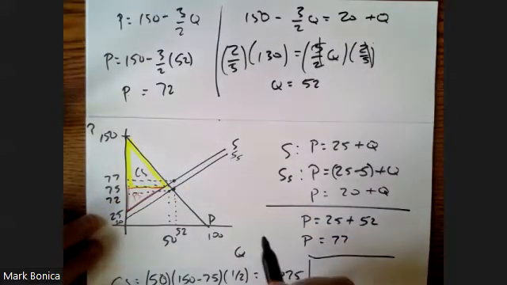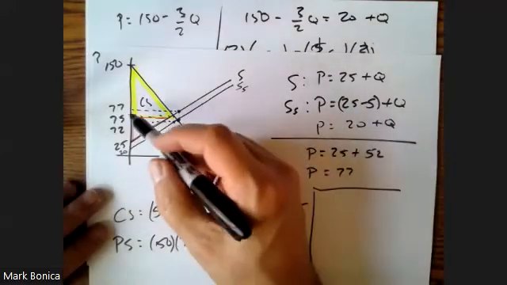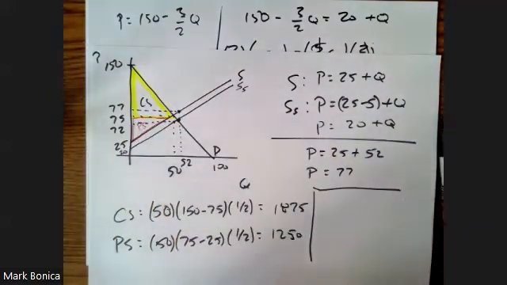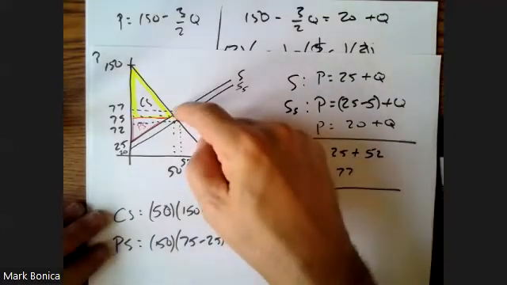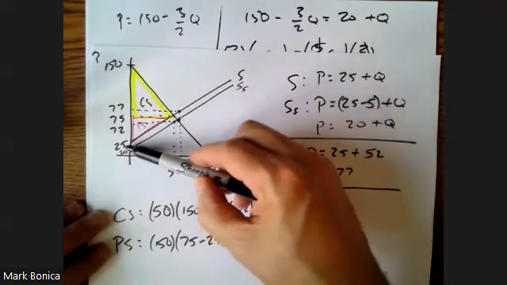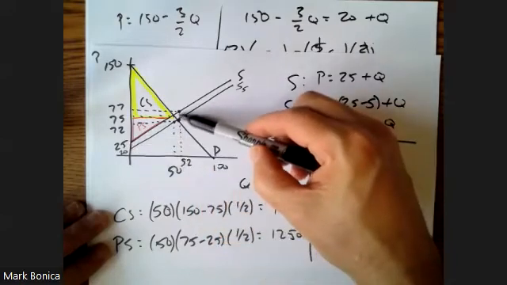Now, had we done the initial calculation and said, oh, the price Miss Lowe gets is going to be 77, we could have just said, well, what we know is the gap between these two lines is 5, right? Because down here it was 5 and these two lines are parallel. So if down here it's 5, up here it's 5.